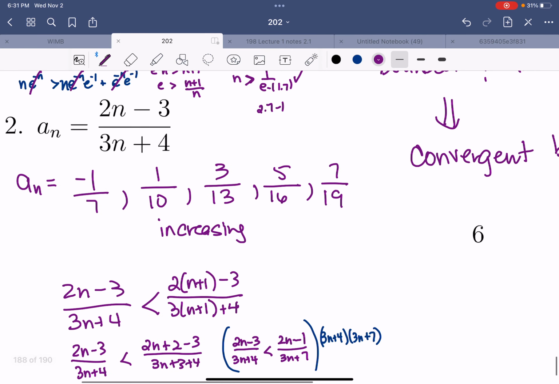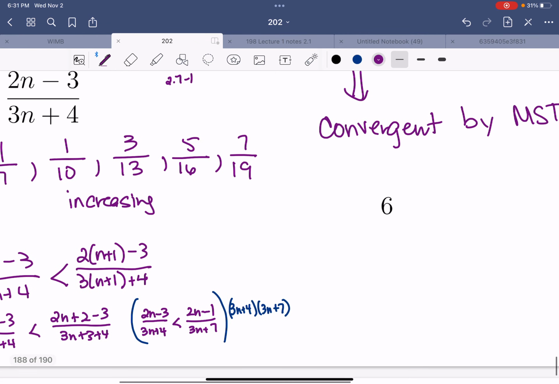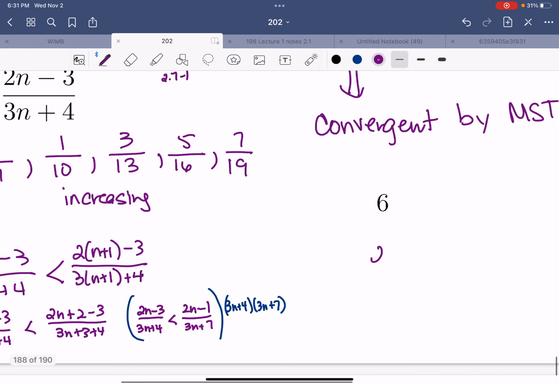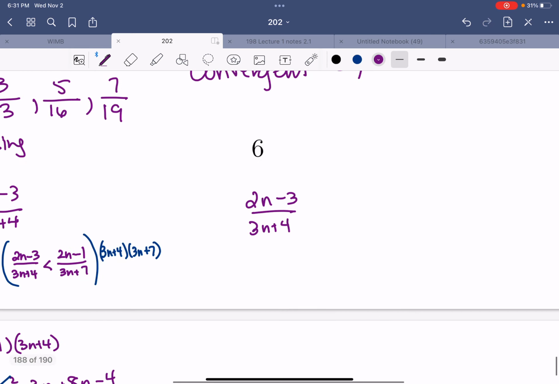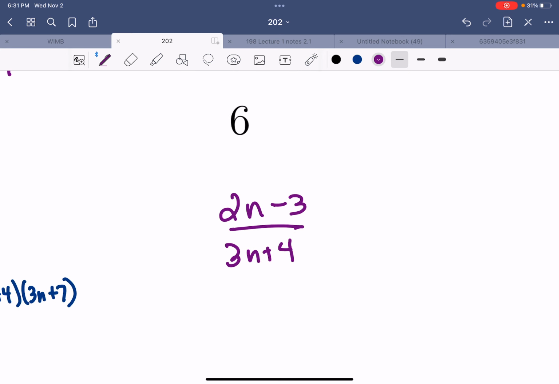Okay, so what else do we know? Now we've got to bound it. So we know that 2n minus 3 over 3n plus 4 is increasing.